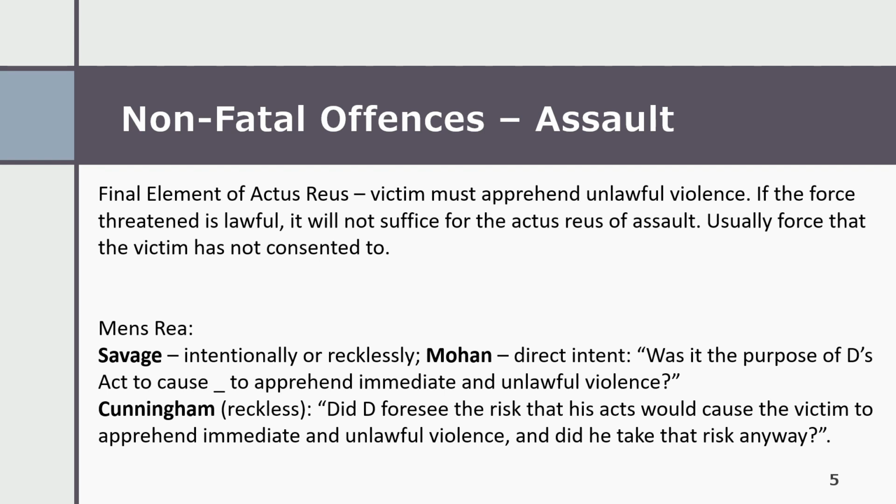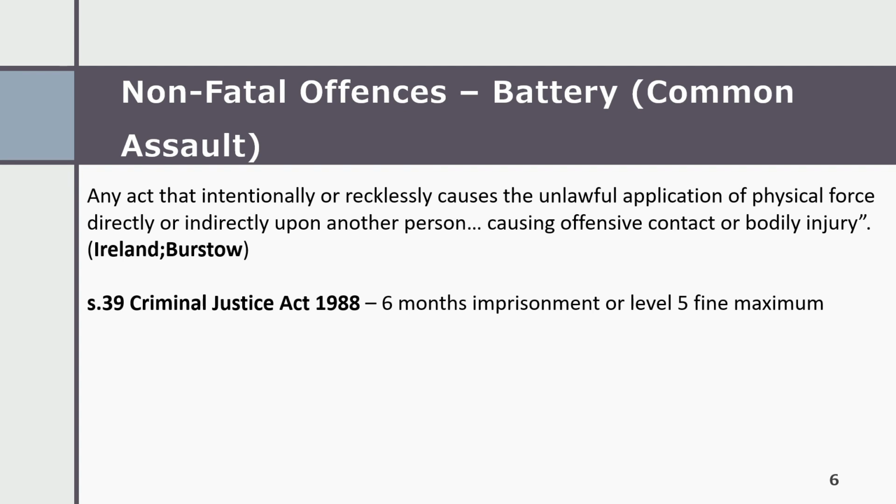If you cannot prove it through direct intention, then move on to the Cunningham test in recklessness. So you ask the question, did D foresee the risk that his acts would cause the victim to apprehend immediate and unlawful violence, and did he take that risk anyway? Remember, in your recklessness, there must be an appreciation of the risk.